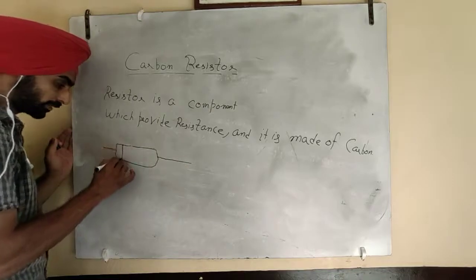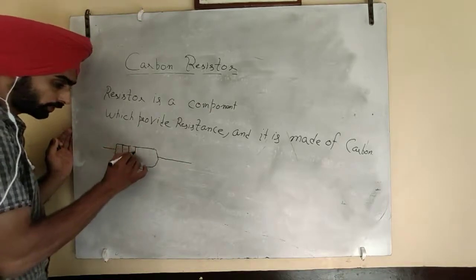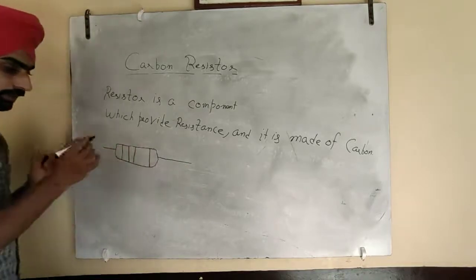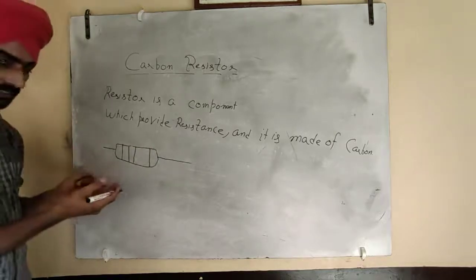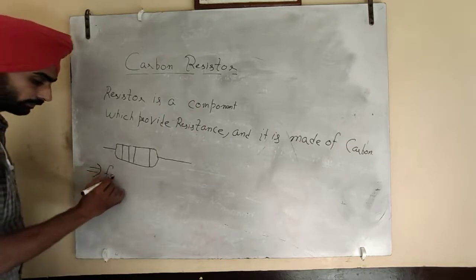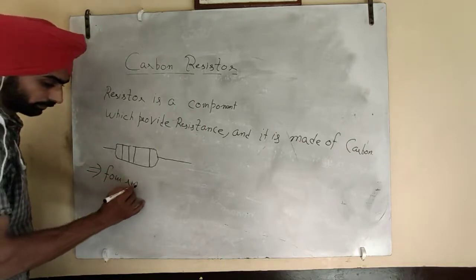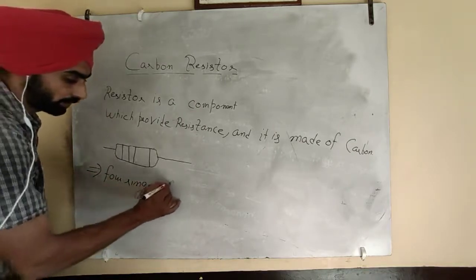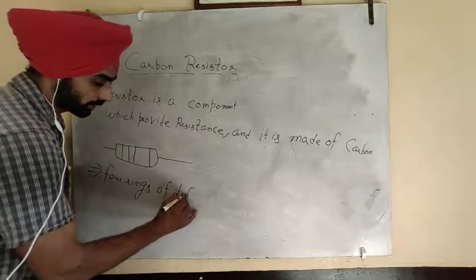There are 4 rings, here 1, 2, 3 and 4. 4 rings are provided on the resistor and they are of different colors.